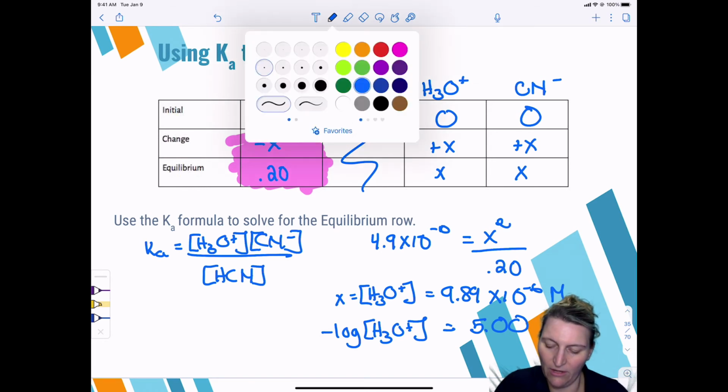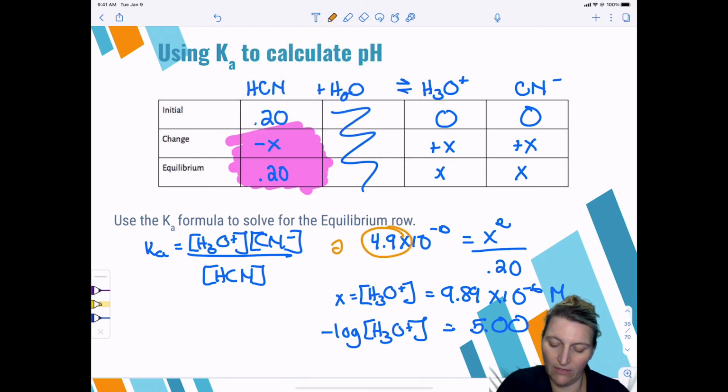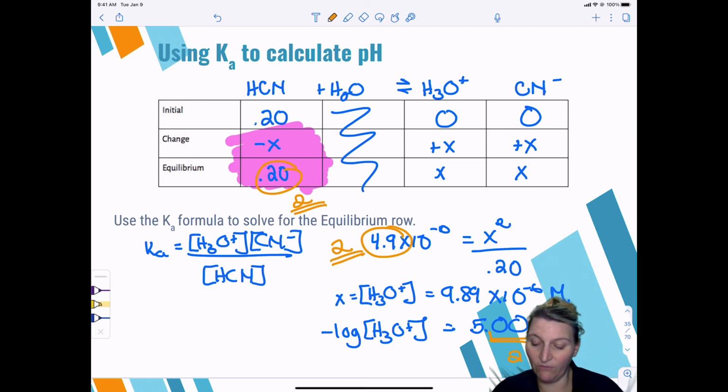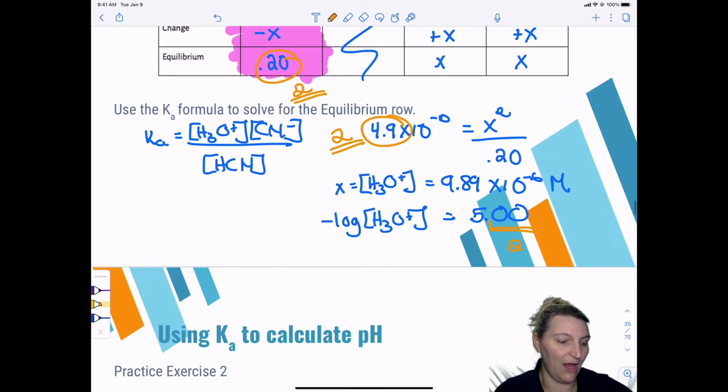Since this number that I used has two significant figures, my final answer is going to have 2 digits past the decimal point. That's a little bit different than what we may have done in previous years with significant figures, but it's because of the logarithms, basically.